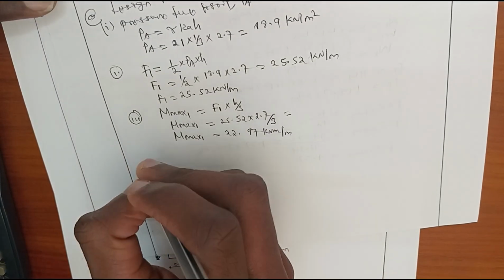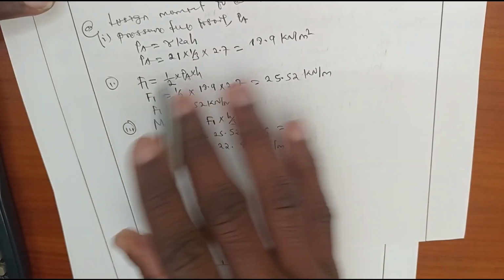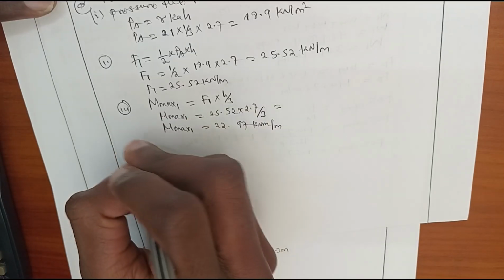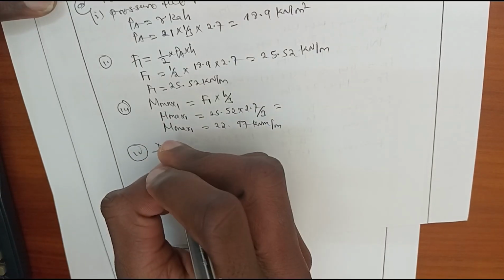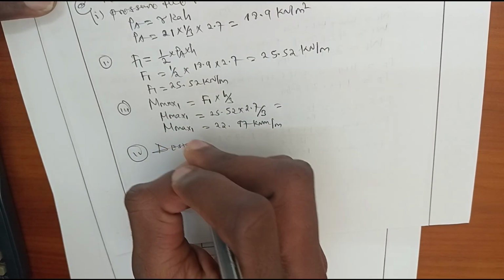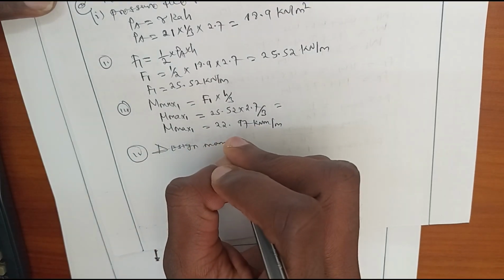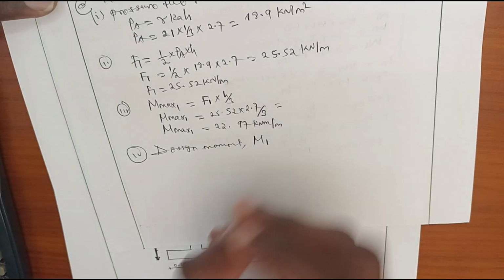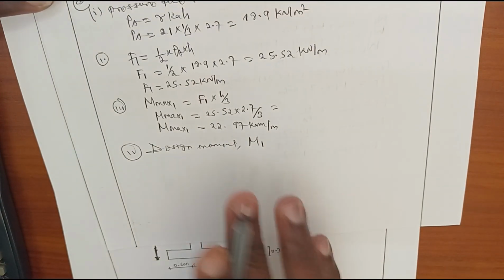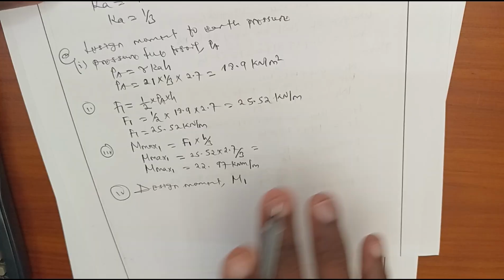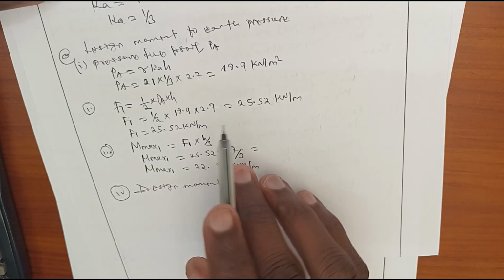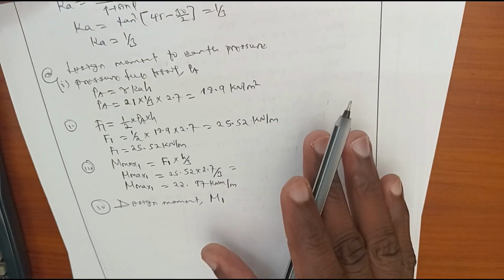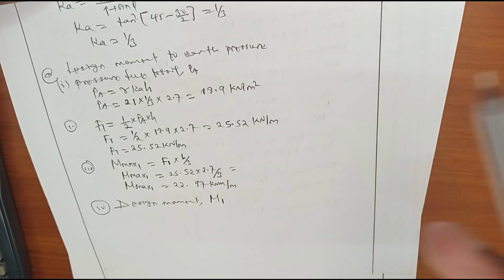The next, we were required to determine the design moment due to the soil pressure. Let's say this is moment 1. This design moment is obtained by taking the maximum moment times factor of safety due to the self-weight of the structure. Self-weight of the structure is due to the dead load.